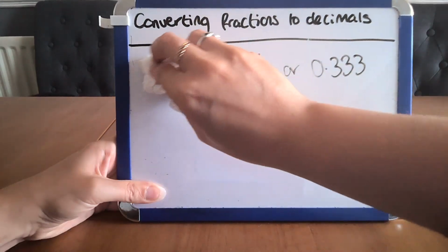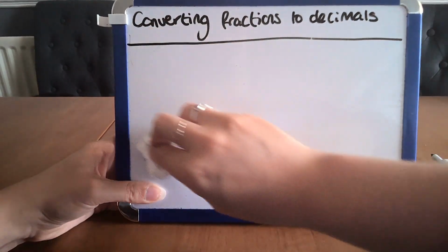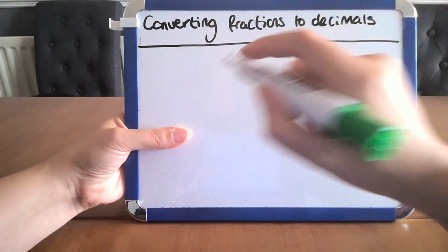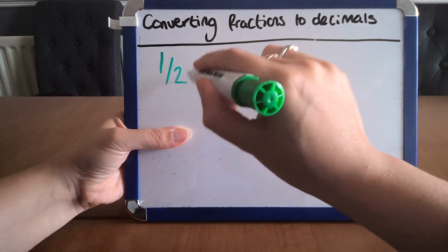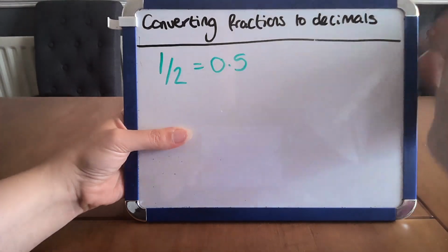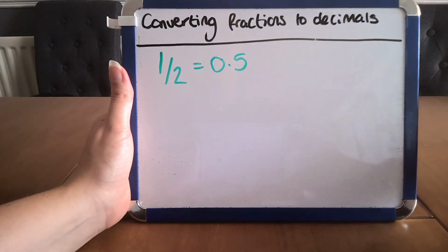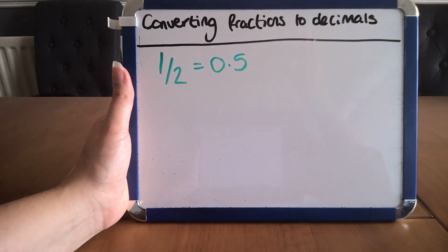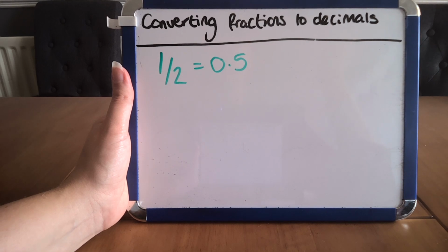Sometimes we can use equivalent fractions to help us. So, for example, we have just figured out that 1/2 equals 0.5 as a decimal, which means that all of the other fractions that are equal to a half, or equivalent to a half, are also 0.5.